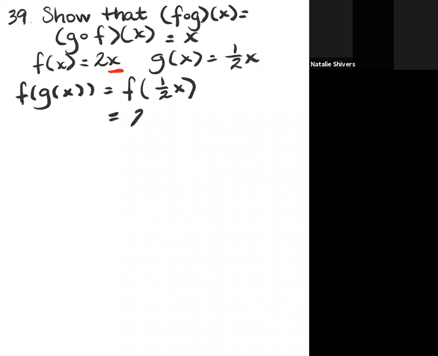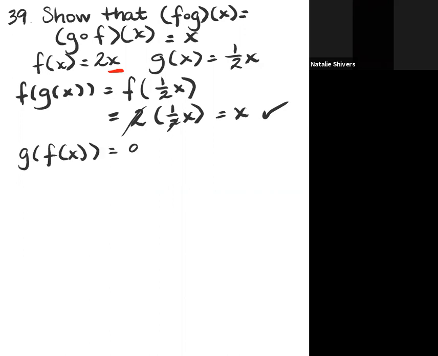So this is a little easier than some of the others. So I get 2 times 1/2 x, okay, which obviously the 2's cancel. And I get just x. This one's perfect. So now I do g of f of x. Have to do both. So g of 2x.